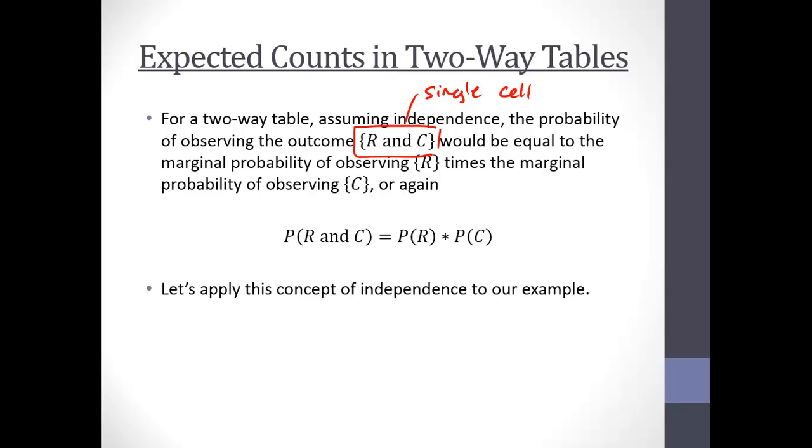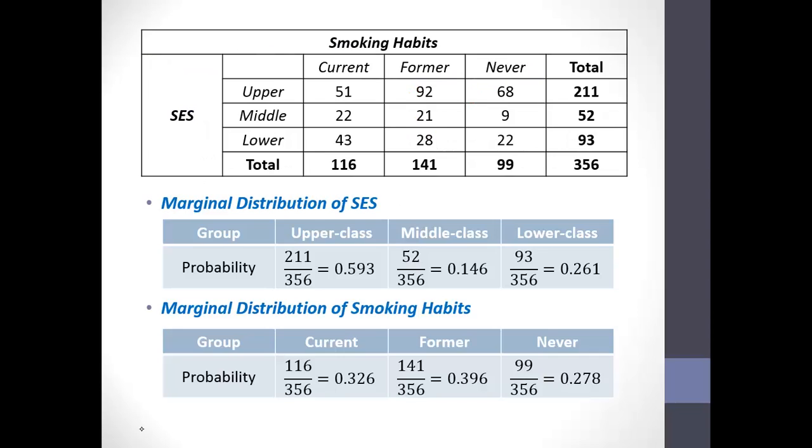So the probability of being lower SES and the probability of being a former smoker, you can multiply them together to get the probability of having both of them, if they are independent. So let's think about how we can apply this to our example here.